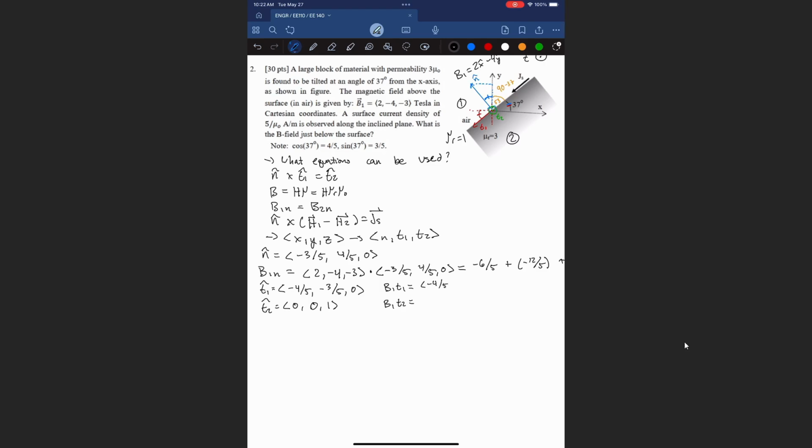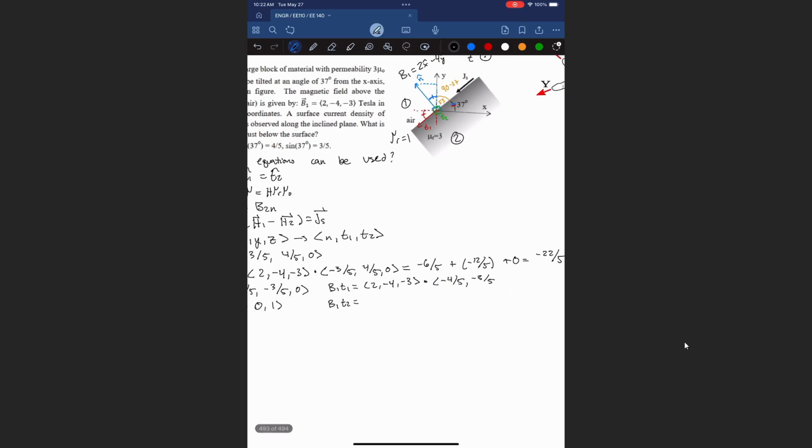B1t1 is found by dotting B1 with T1. And B1t2 is found with B1 dotting with T2.